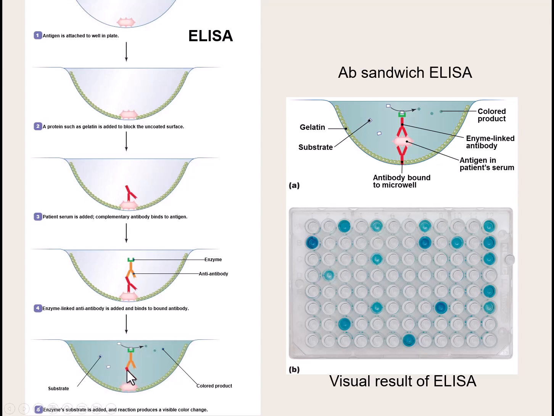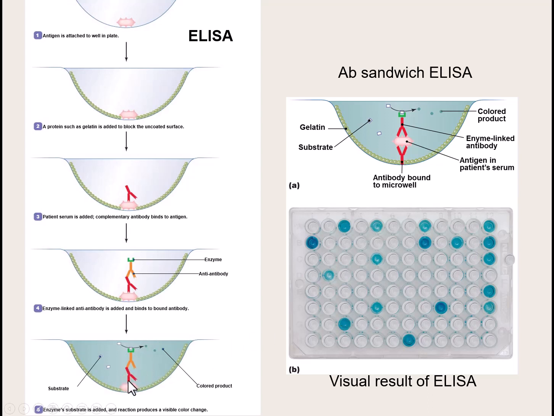So we have an enzyme-linked antibody that can recognize antibodies. And yes, it's called an anti-antibody. Because the patient has the antibody, our enzyme-linked antibody recognizes it and attaches. We add that colorless substrate. Because this enzyme's present, we get a color, indicating that that patient had the antibody.